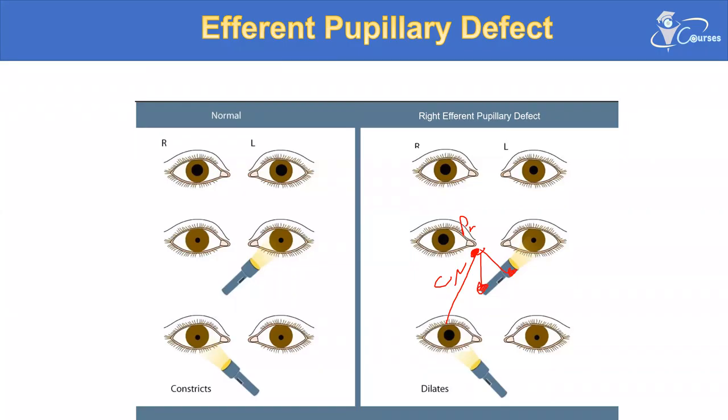The efferent pathway is blocked in the right eye, but it is intact in the left eye. That's why there is constriction here despite the dilatation of the right eye. Okay. So this patient has a right efferent pupillary defect. I hope that you don't confuse the afferent and the efferent pathway defects.